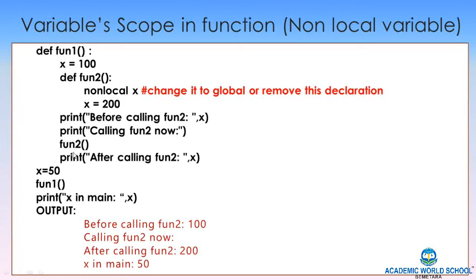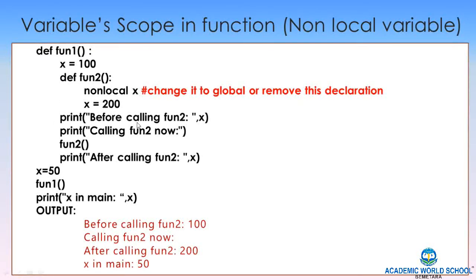Now the program execution starts from main. H is equal to 50. The fun1 function is called, h is equal to 100. Then the body of the function will execute when it is called. So before calling fun2, the value of h is 100.